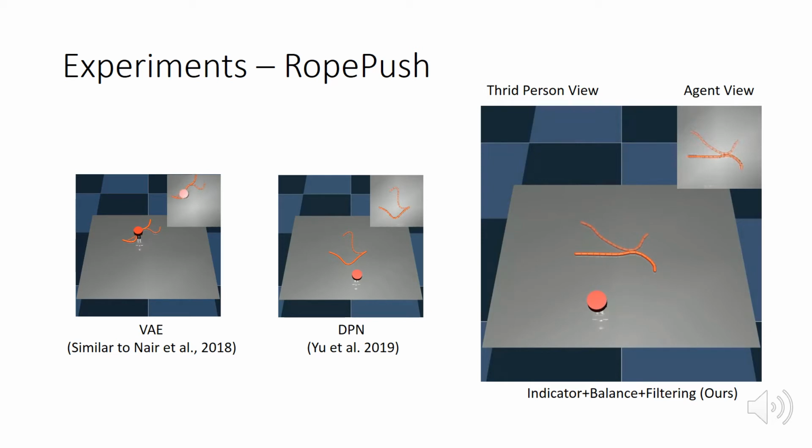The second method uses a distributional planning network to learn a representation, but also struggles to learn here. Finally, we show our method, which can successfully push the rope to the goal configuration, and it does not learn a reward function.